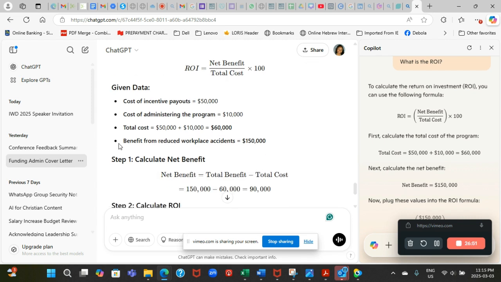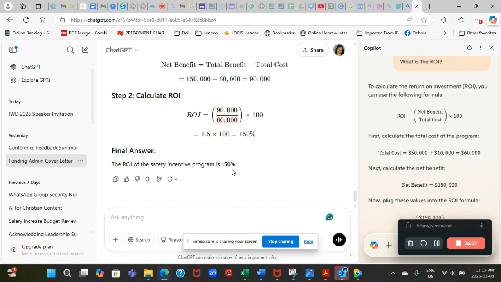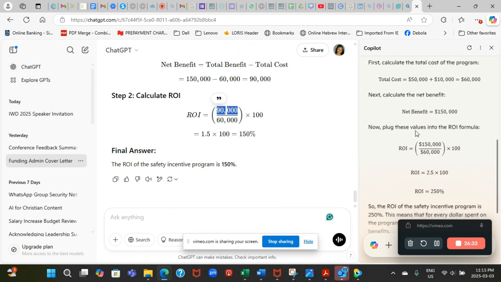However, the benefit, which is the numerator, ChatGPT sees the net benefit as the total benefit minus the total cost, which is 150,000 minus 60,000, which is 90,000. And so the numerator here is 90,000. However, the numerator in CoPilot is 150,000.